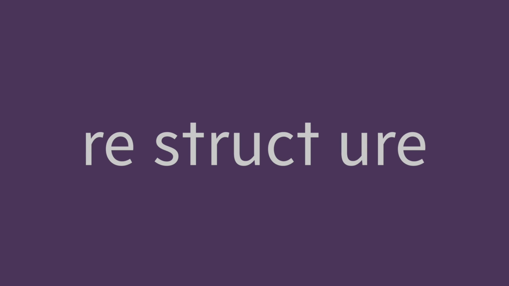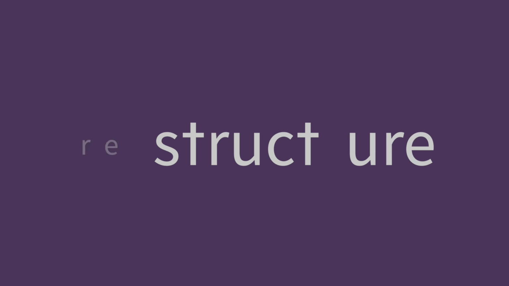Let's look at one of these Latin words in more detail. Remember, Latin words have a root that carries the major meaning of the word, plus a prefix or a suffix, or both a prefix and a suffix. Restructure. Re is a prefix meaning again.